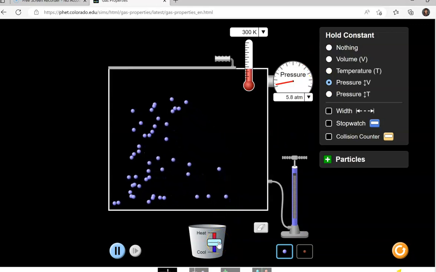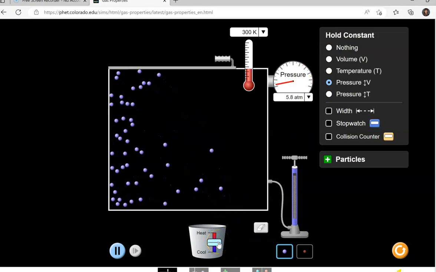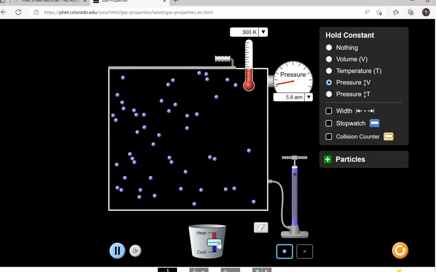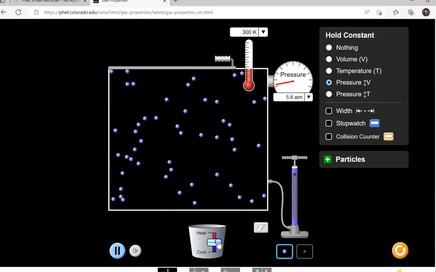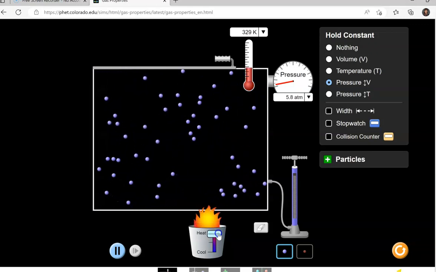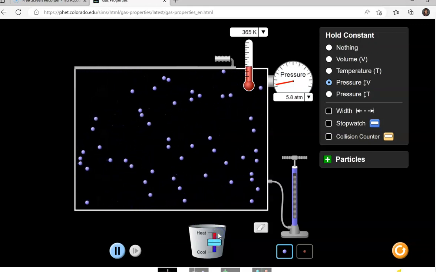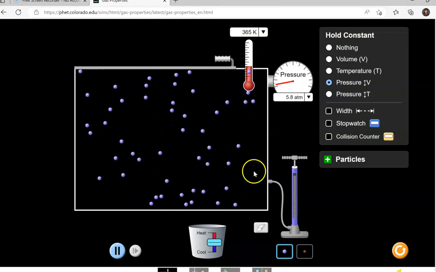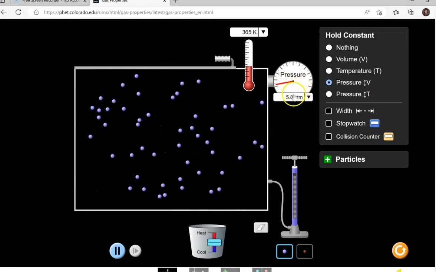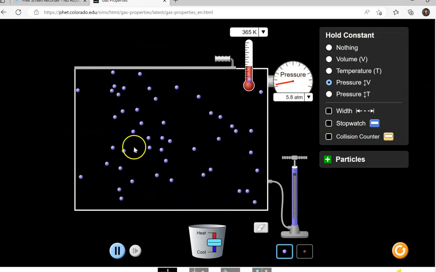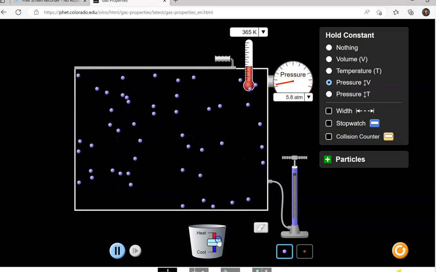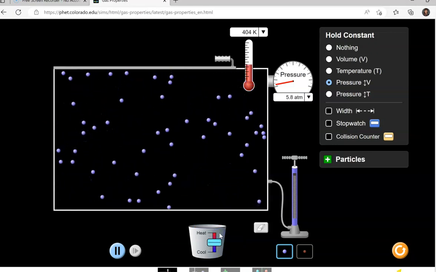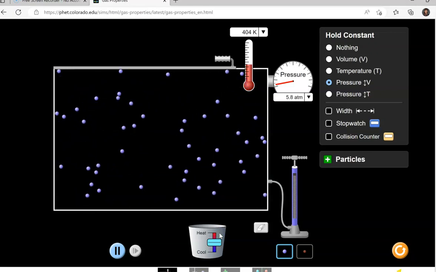Look at the pressure. It's 5.8, because that relies on how often those particles are hitting the sides of the container. If I increase the heat, the temperature, now these molecules are moving faster. If I want that pressure to stay the same, then the volume of the container is going to have to increase, similar to how a movable piston or a balloon works.